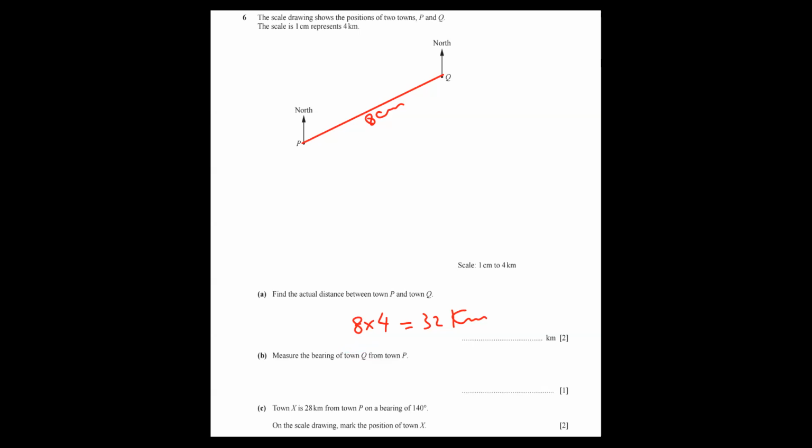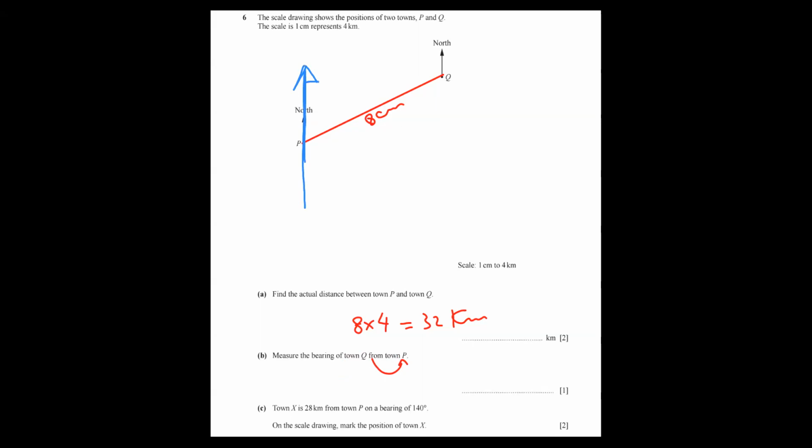Second part: the bearing of Q from P is how much? Q from P. After "from", the letter, whatever letter, apply the rules. P is here, so face towards north and turn clockwise.